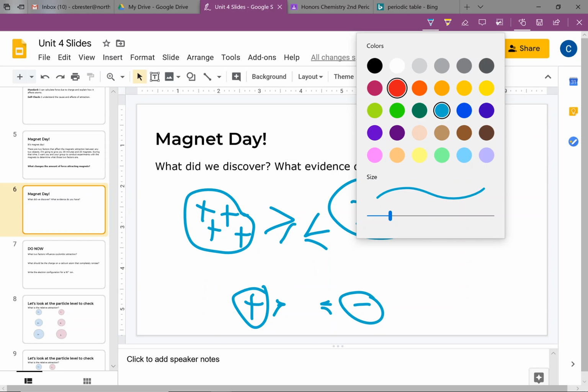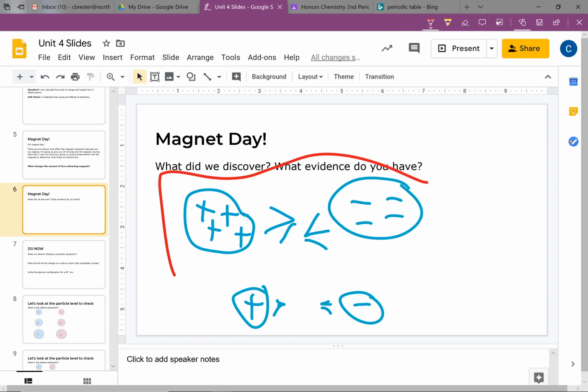So this is much more attractive because it has more charges. There's just more particles that can participate, more charges that can participate in the attractive forces.